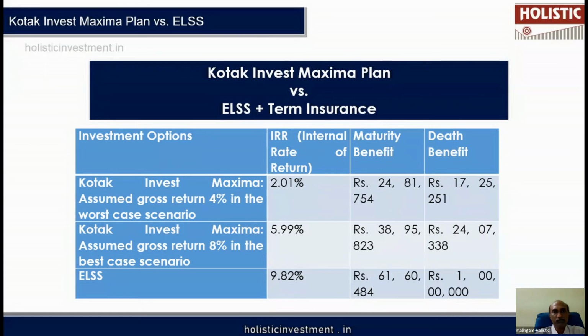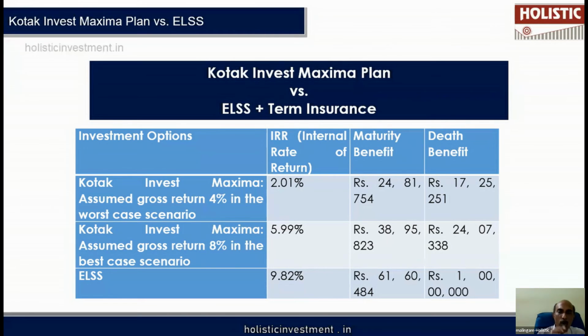So when I have assumed it is invested in mutual fund ELSS and a combination of term insurance to the tune of 1 crore, not just 10 lakhs, 15 lakhs, 20 lakhs, I'm taking to the tune of 1 crore. So this combination of term insurance plus mutual fund gives you higher life cover and also gives you higher return, 9.82% internal rate of return. It gives you the combination of term insurance plus mutual fund ELSS.